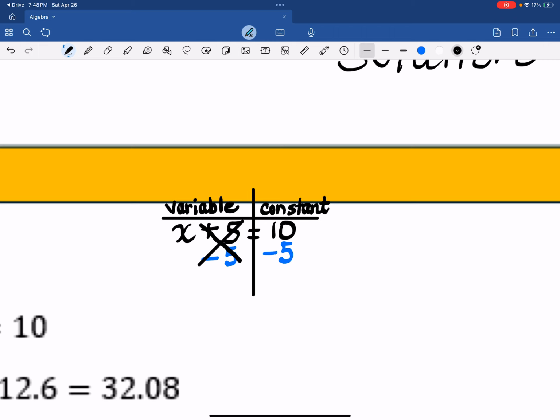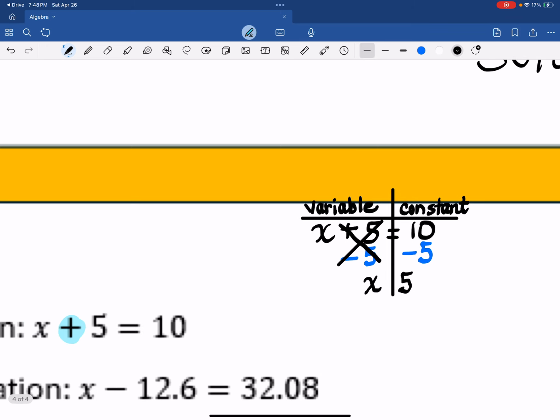If I have 5 pieces of candy and I eat 5 pieces of candy, the candy's gone. It's canceled out. So I'm left with a variable. And on this side, I have 10 take away 5. So the solution to that equation is x equals 5.